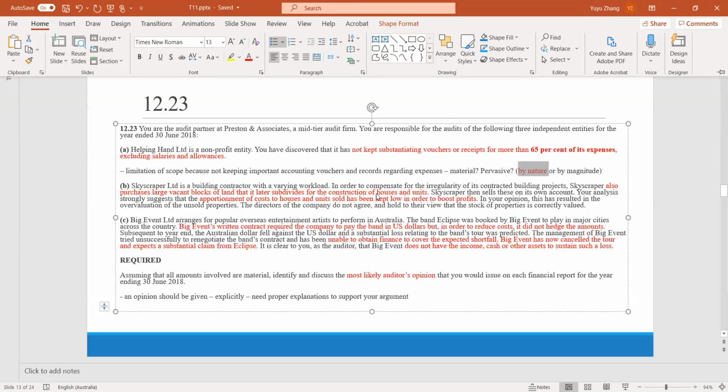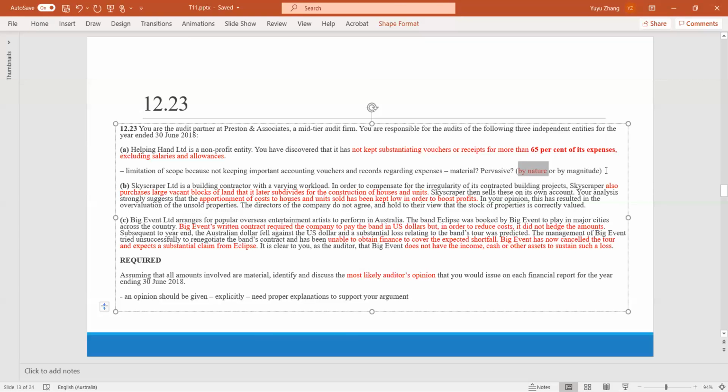Because when we audit a non-for-profit organization, one of the main purposes is to ensure they properly allocate their received grants or donations to the proper channels, to the proper situation. Is that right? Okay. So, is this material? Yes.